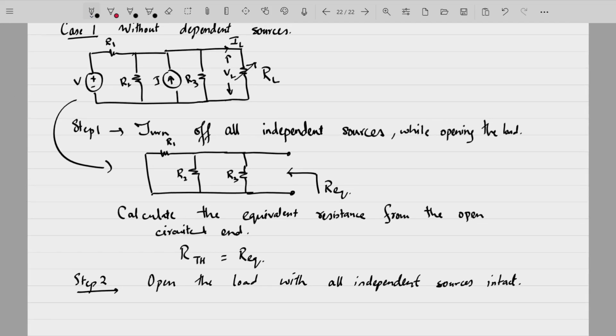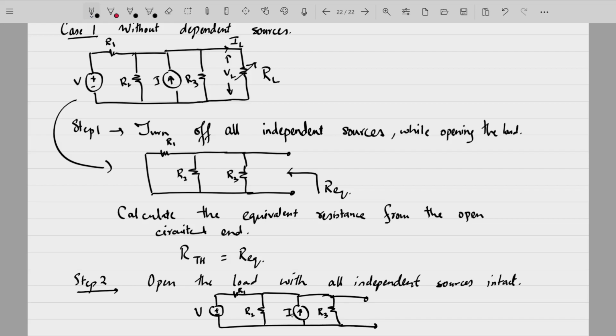So all the independent sources that were in the circuit: here there was a voltage source, you had the resistances R1, R2, and you had the current source with the resistance R3. You have R1, R2, R3, and you have opened the load.